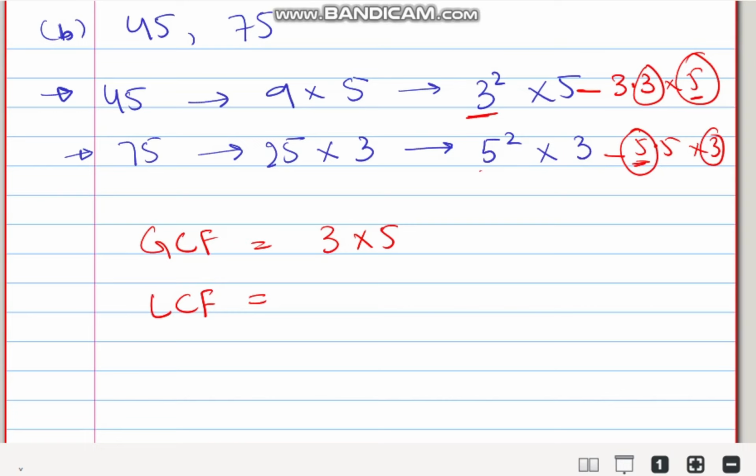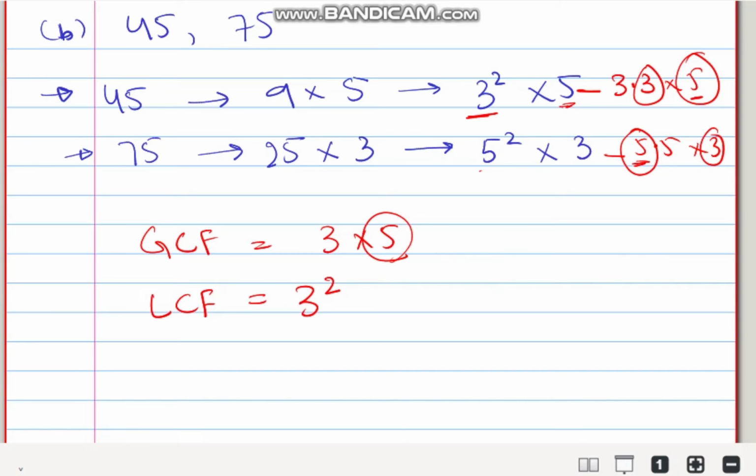No, 3 squared is not present, so write 3 squared here. This is not the greatest common factor, but it is the least common factor. I told you before that everything other than the greatest common factor is a least common factor. Now check 5. 5 is already in the greatest common factor because we have it right here, and 5 cannot be a least common factor.